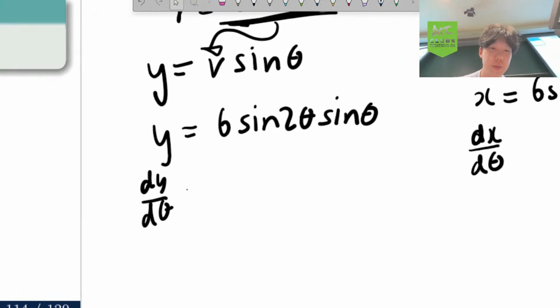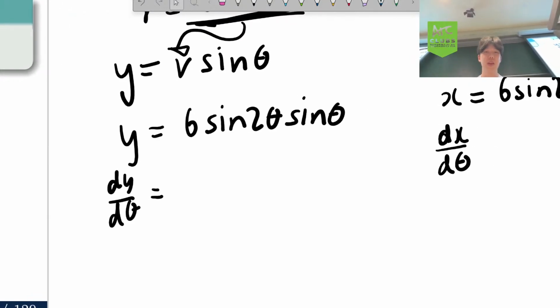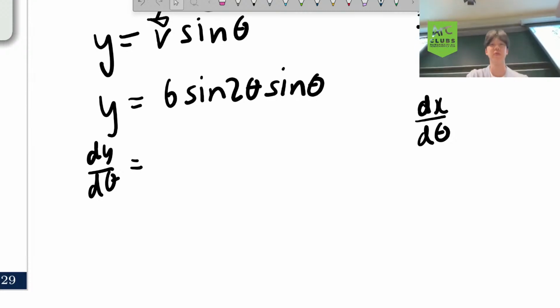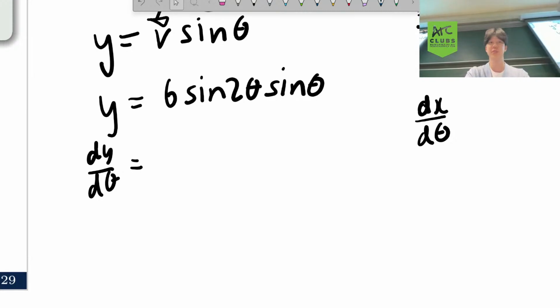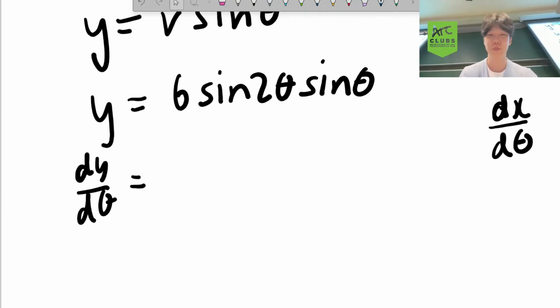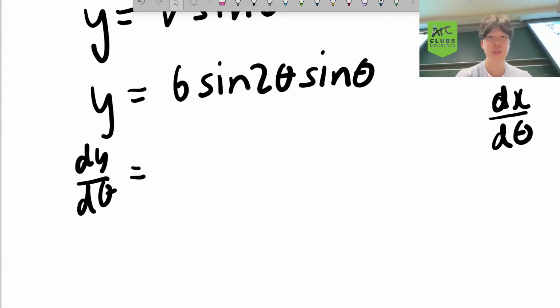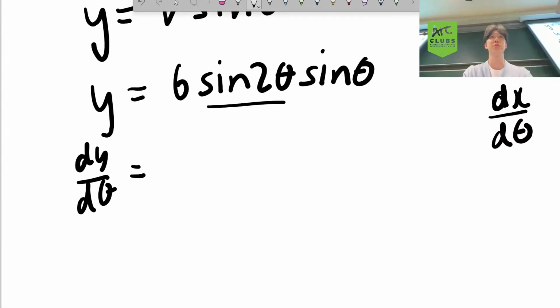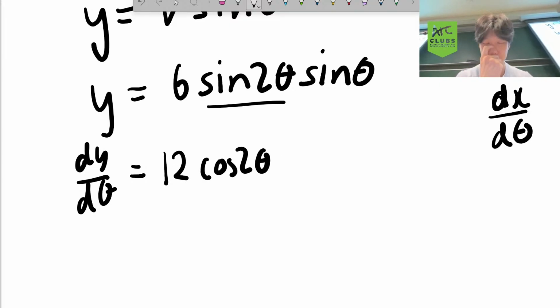Okay, so I see that we have a product of two things, so we should probably use the product rule here. So the derivative of sin 2θ is 2 cos 2θ. Multiplying that with 6, you get 12 cos 2θ sin θ.